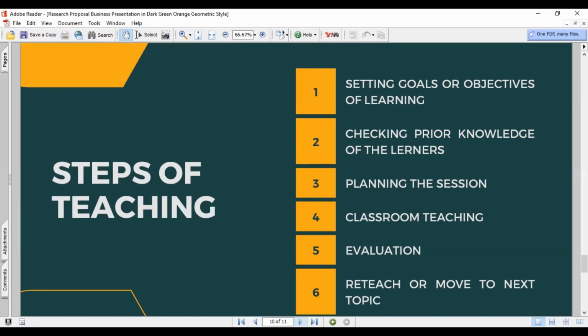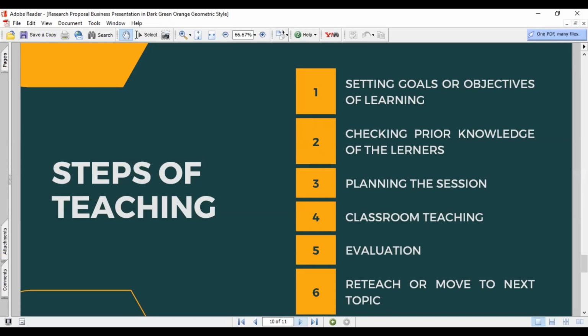So before the teacher comes to the session, before even making the content of the session, the teacher actually sets the goal of the learning, or sets the objective of the learning in that particular session.